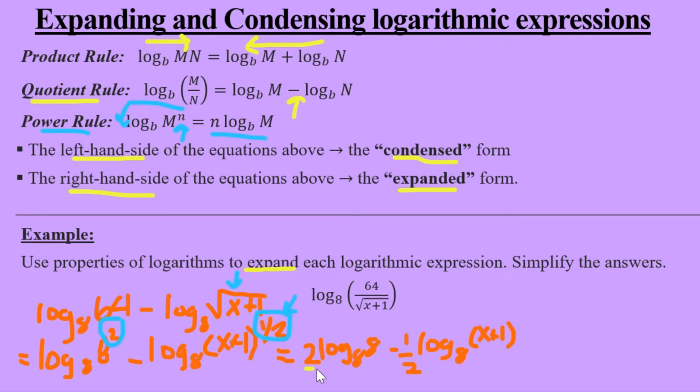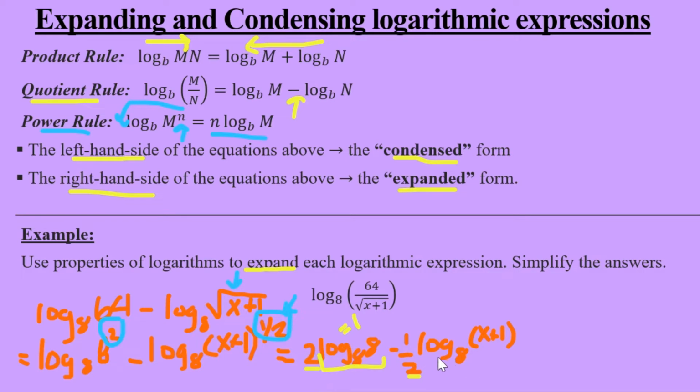Now that I have my exponents being multiplied by my log, let's see if we can simplify even further. You notice here, I have a log base 8 of 8. If you remember one of those basic rules, anytime my base is the same as this value here, this entire log is equal to 1. So with this first term, I really just have 2 times 1.